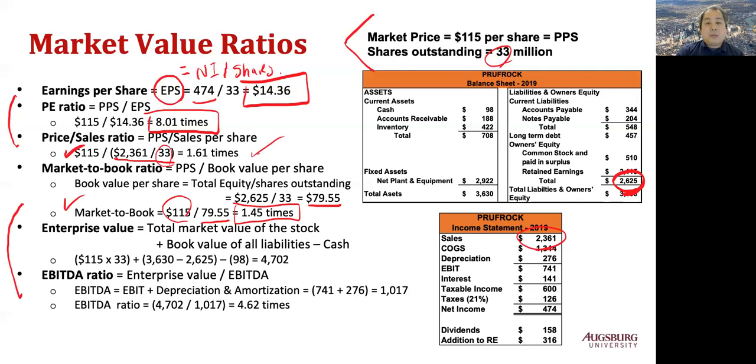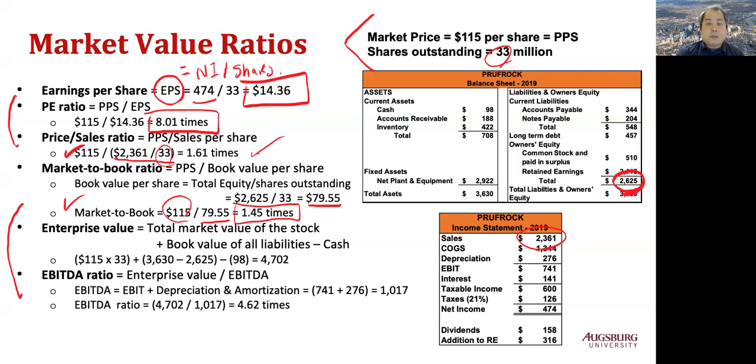Now, the next two focus more on the operating value, operating asset value. Enterprise value is the estimate of the market value of the company's operating assets. One way is you can get each asset's market value and add them up.